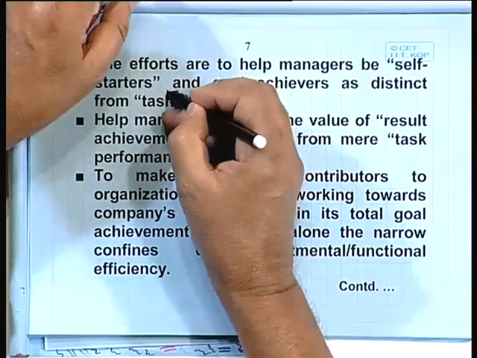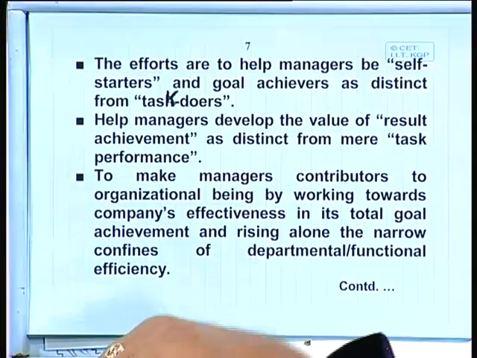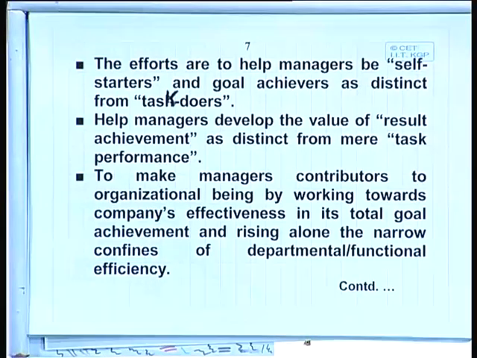Okay. They initiate tasks on their own, they can foresee some problems which may come. That is a managerial quality, to be able to anticipate problems and do things without your boss asking you to do it. Then helps managers develop the value of result achievement as distinct from mere task performance.